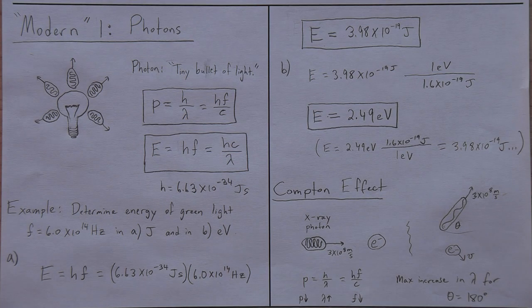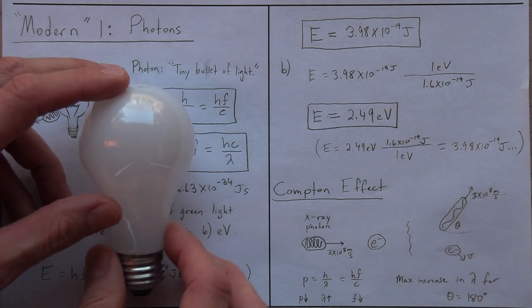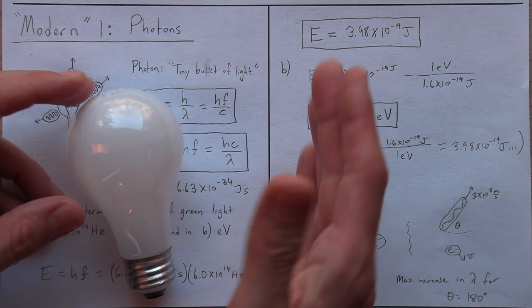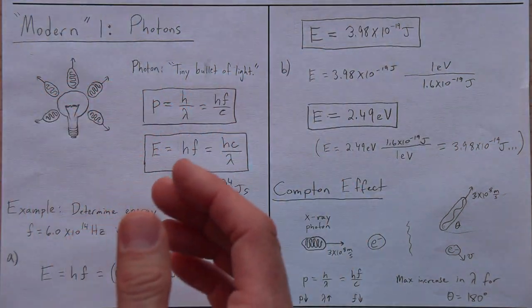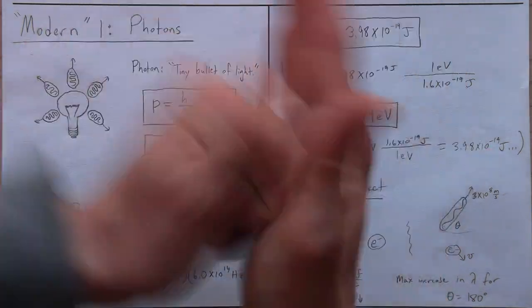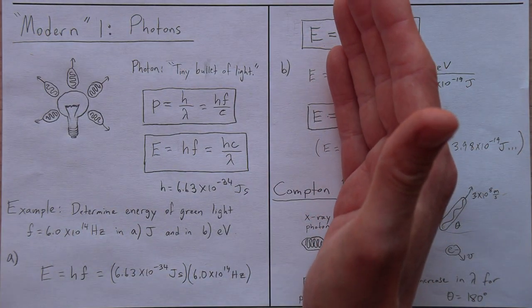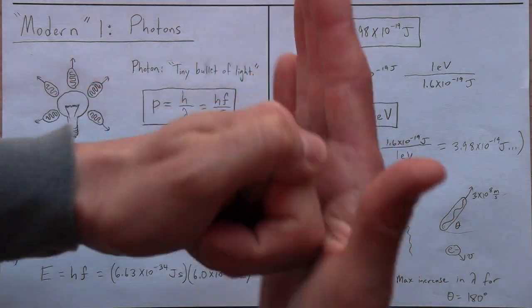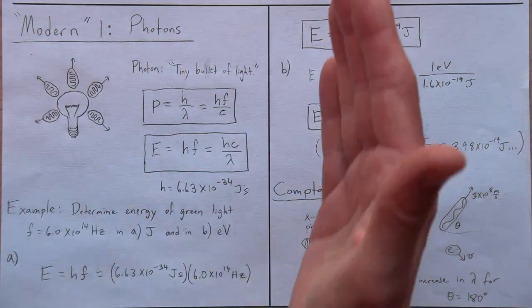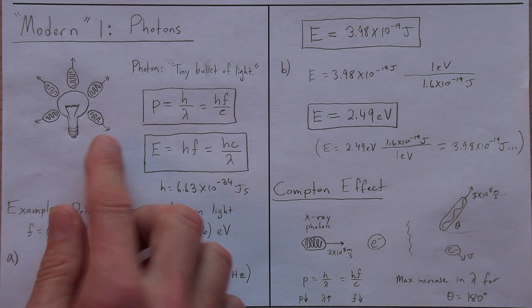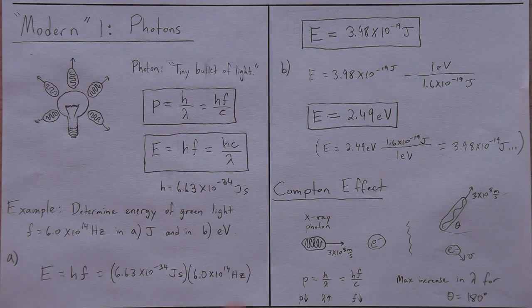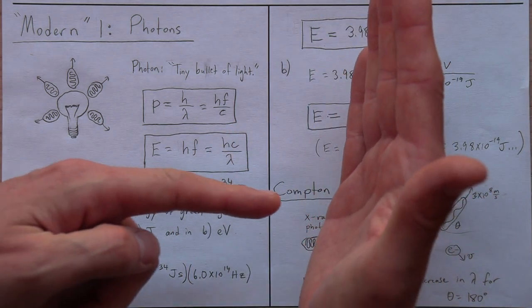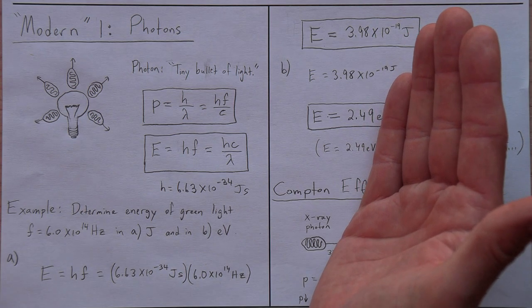So if I had a green light bulb, it's sending out all these bullets, right? I put my hand here. If I was shooting ping pong balls, I would feel each discrete collision of the ping pong ball hitting my hand in my nerve cells. But with this, if one photon hits me, I can't even feel it.